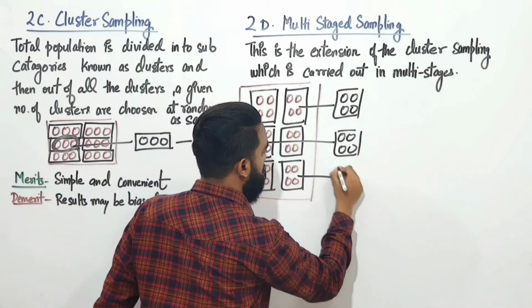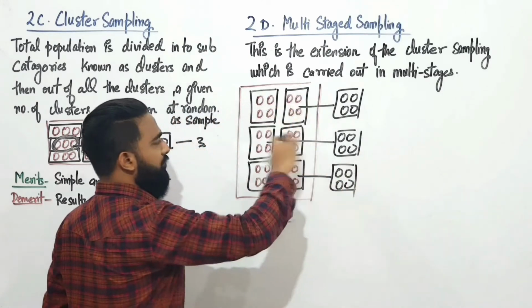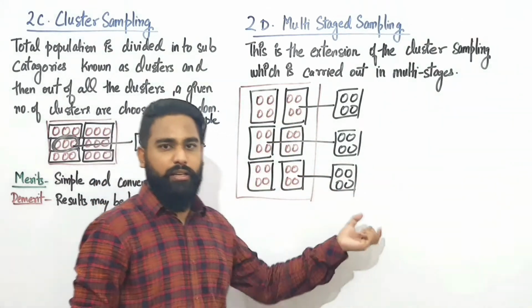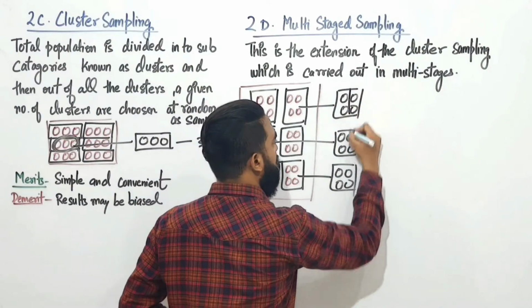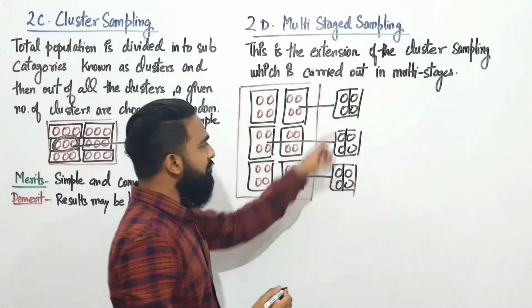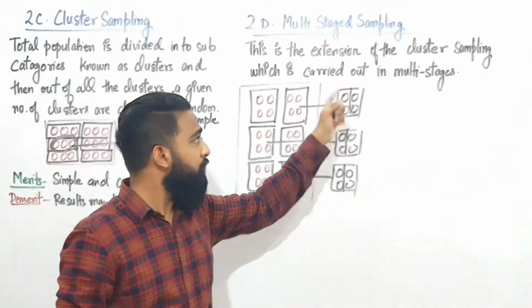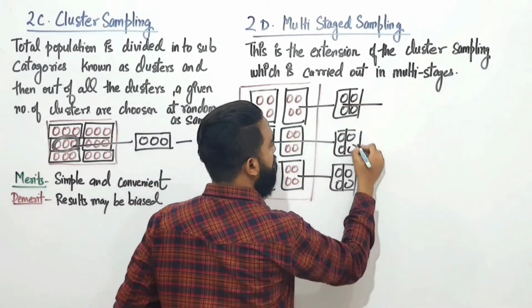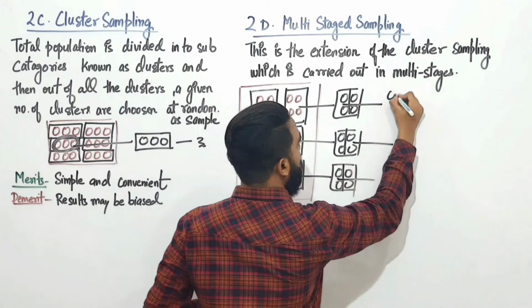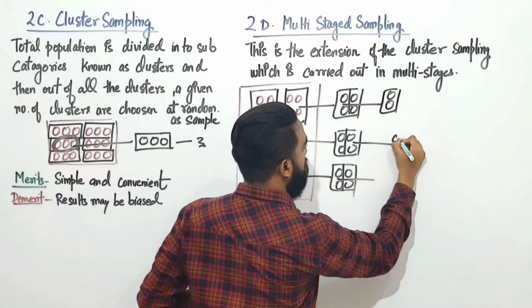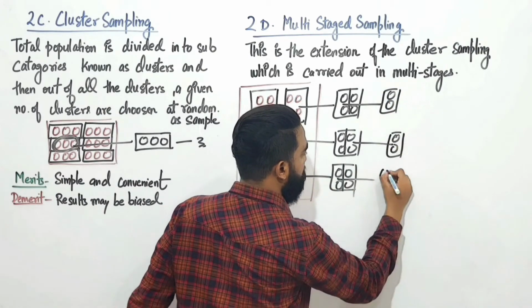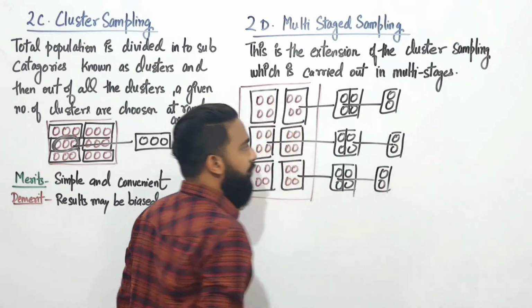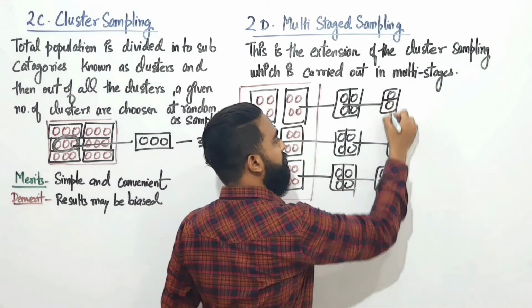From these 6 clusters I have selected 3 clusters, and now I am going to divide these again. Now again these 3 clusters are divided into 6 clusters. From this I have selected this one and this one and this one, and again I have got more clusters. Fine. Now I will divide them again.